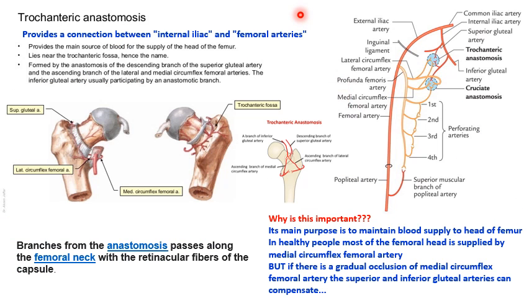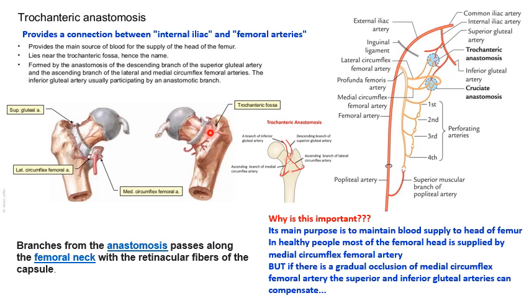Coming to the trochanteric anastomosis. This is the main anastomosis whose branches provide blood supply to the head of the femur, and it lies in the trochanteric fossa. This is the trochanteric fossa, just medial to the greater trochanter.